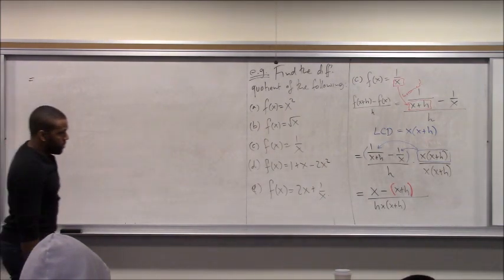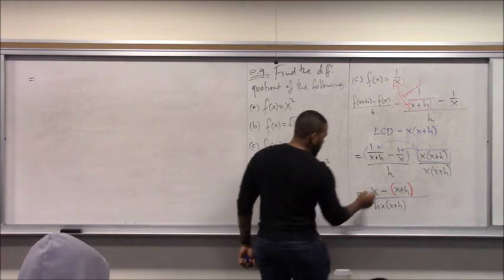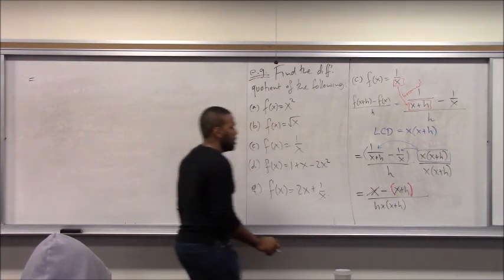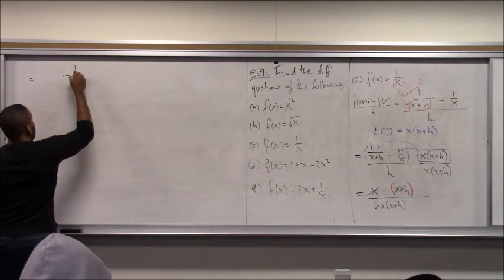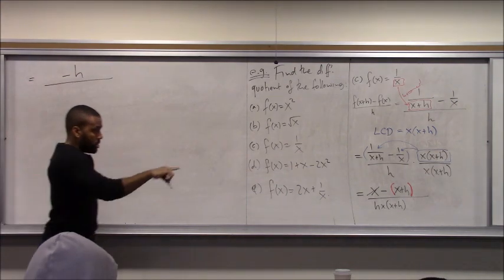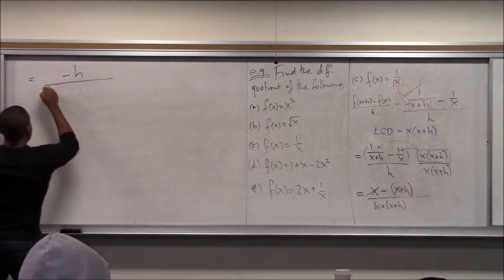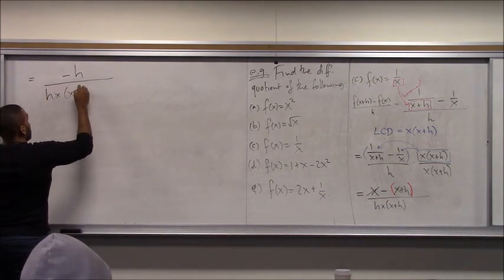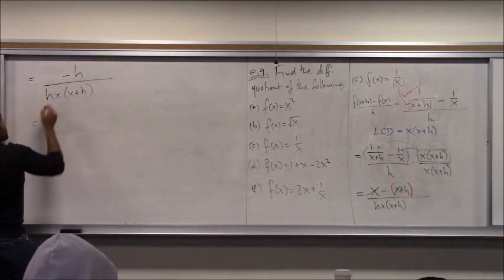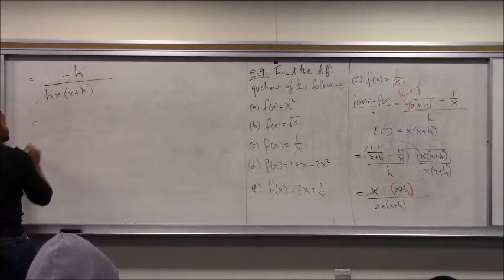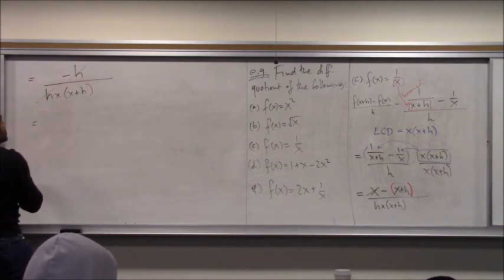Now here, x minus x, and so we would have a negative h left over in the top because of the distributive law. Negative sign would multiply h. Now the h's would cancel because we have a multiplication of all terms here.